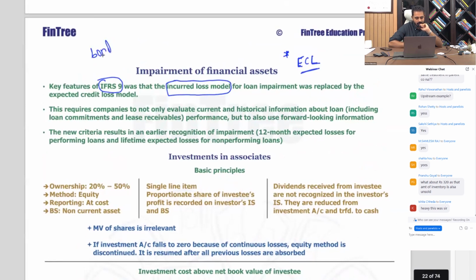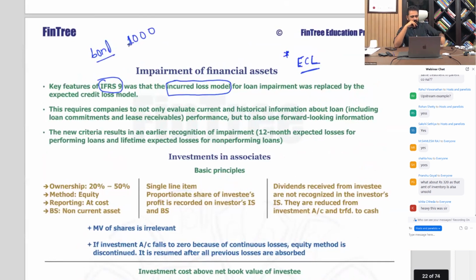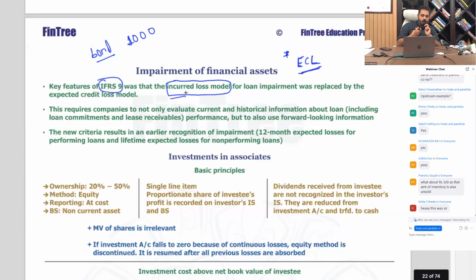okay, and that bond is worth 1,000, and there is no indication, there is no credit event, everything is going well. There's no reason for me to recognize expected loss. If I purchase a bond, that company is paying me interest on time, I'm okay. However, under the new IFRS model, IFRS 9, you don't have to wait for that loss to trigger for you to record. You have to create a provision. How to create provision for doubtful debt?